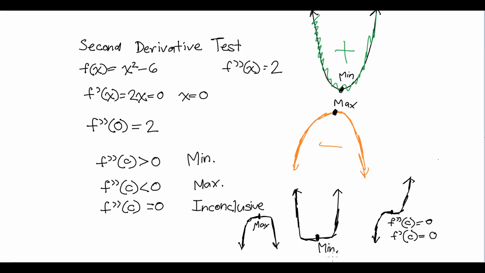Okay, let's do a practice problem. I'm going to delete all of this, and let's try to find some relative extrema where possible. Let's say we have the graph of f of x equals x cubed minus 3x squared plus 3.